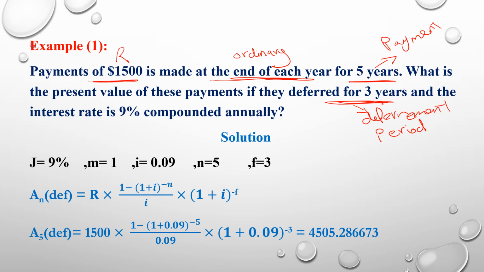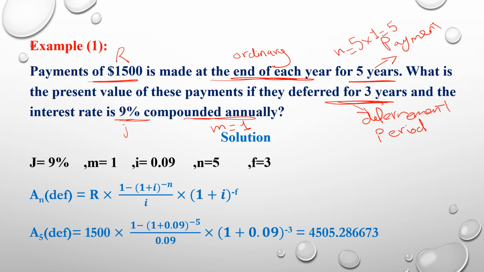And the interest rate is 9% compounded annually. So this is J, and M equals 1 because it's converted annually, and n here equals 5 years times M, which is 1, so n equals 5.